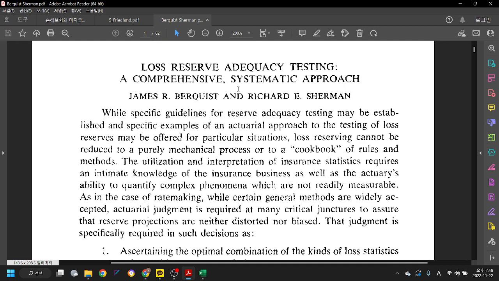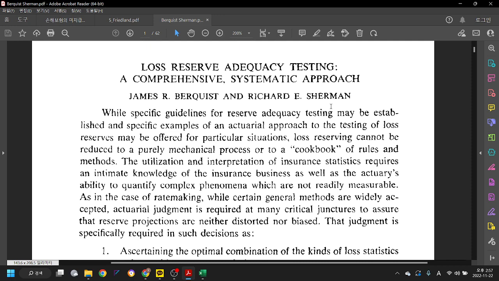Here, reserve mostly means the case outstanding. The title continues: A Comprehensive Systematic Approach. So you can see the name, but we call it Berquist-Sherman. There are two American actuarial consultants, James R. Berquist and Richard E. Sherman.